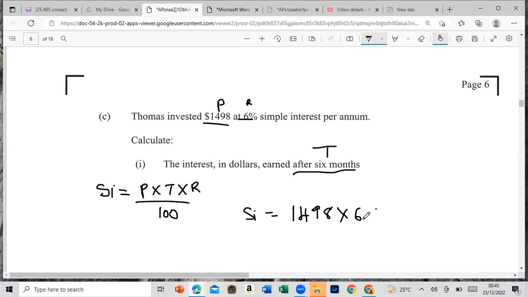Just for the months now, guys, it's only 6 months. The time was expressed in years, so we're going to convert 6 months to years. It doesn't reach a year, so that will be 6 over 12, which equals 0.5. So we're going to multiply by this.